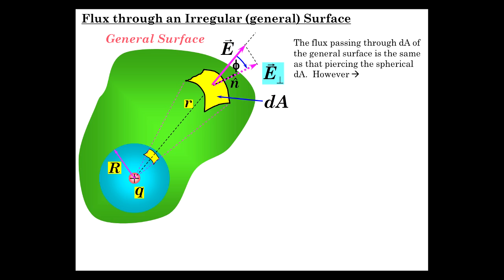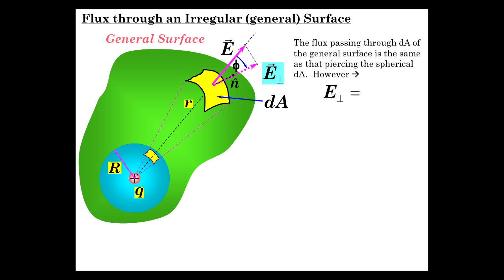So that's E perpendicular. Now the flux passing through dA, this thing, is the same as the flux passing through the general surface dA. So both of the fluxes are the same. That's a given because all the flux passing through here has to go through this region of the surface.